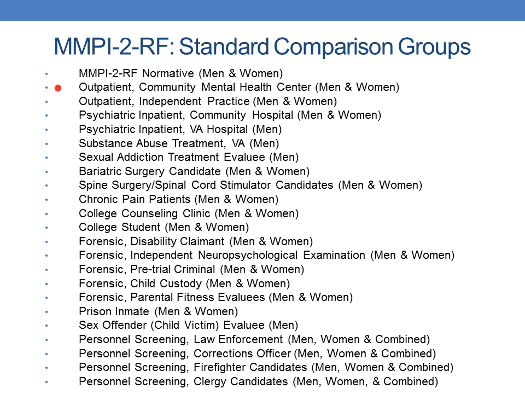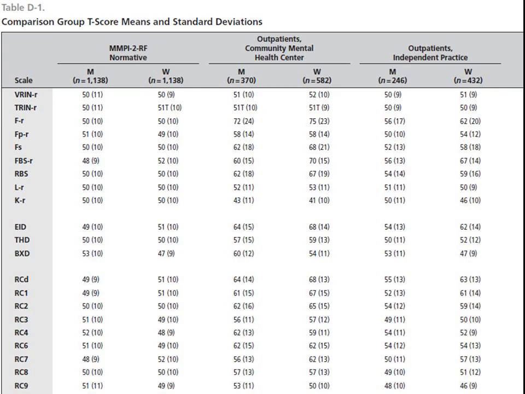So the normative group, different types of psychological and psychiatric treatment groups, sexual addiction treatment groups, sex offender groups, forensic correctional groups, medical groups, college groups, lots of groups. And this is what you see in the technical manual. Again, you see the means and standard deviations for all the scales. But we're going to come back to this in a little bit. I'll show you how you can use this in your interpretation.